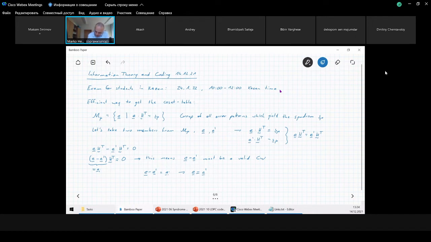Equal to E prime plus A. So this means we get a member of our coset mu if we already know a member and we add a valid code word.